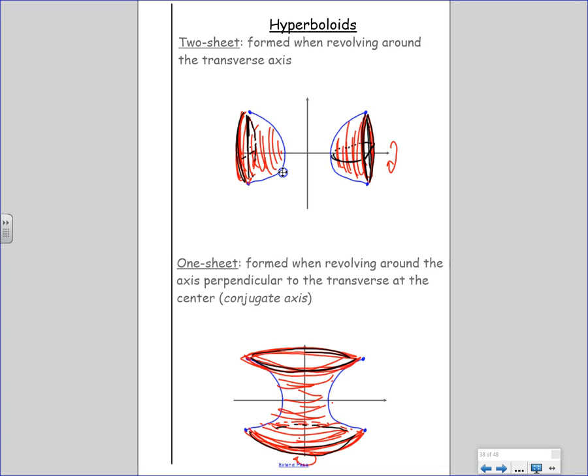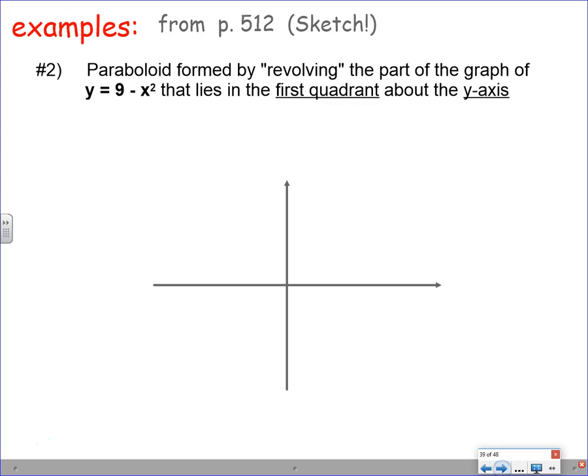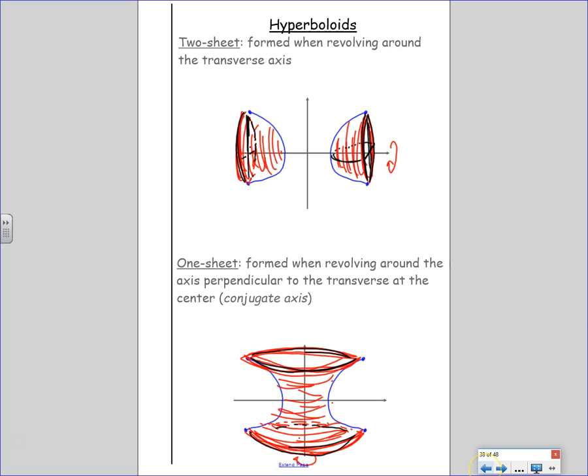Any Dr. Seuss people? One fish, two fish, red fish, blue fish? Anyway. Do we almost have the hyperboloids, the two sheet versus the one sheet? Yes. The transverse goes through versus the conjugate, the perpendicular one that doesn't hit either branch.